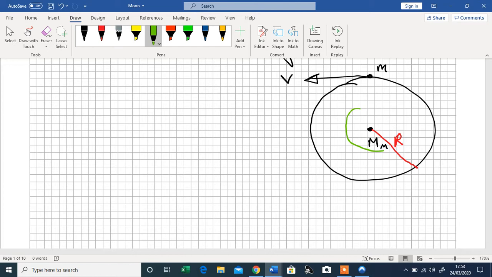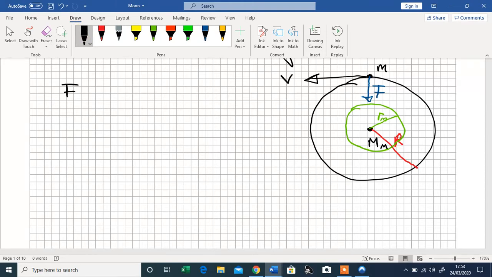But if you imagine that that is the moon, it's not a perfect circle, but anyway, that would be the moon's radius. We'll call that Rm. Right, and between the satellite and the moon is a force acting downwards, which we'll call F. Now, F has two components.